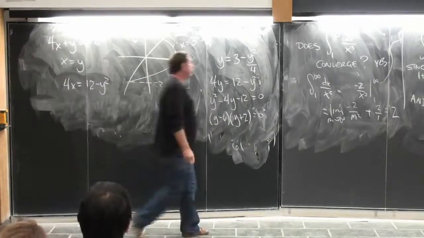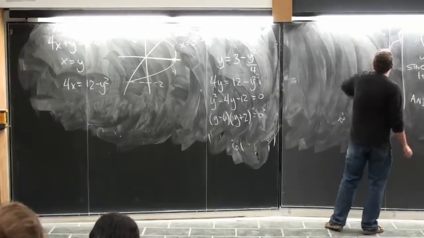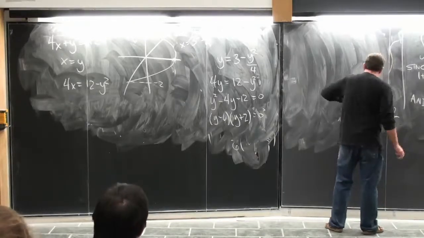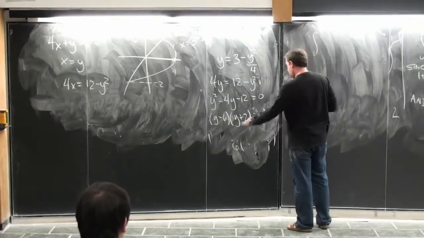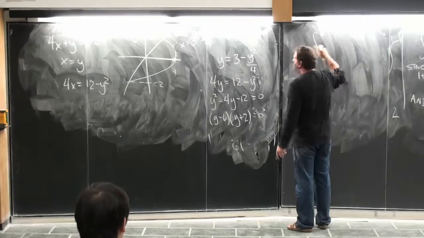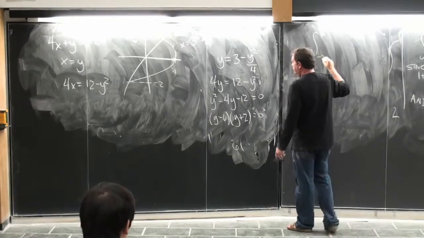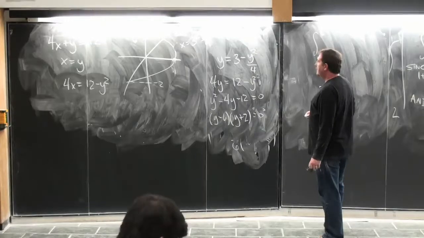And now the area is pretty easy. We're going to integrate dy. If we integrate dy, we integrate from -2 to 6 of wherever the function went.